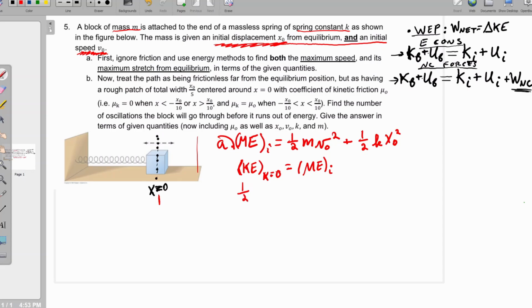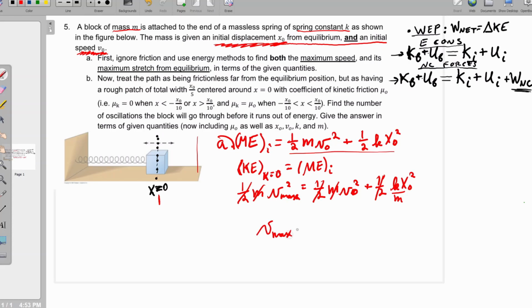What I have is 1/2 m v max squared is equal to this thing that I have written here. So I can just do some algebra. I'll multiply both sides of this by 2, and I will divide by the mass. And I can just take the square root of both sides then to get that v max is equal to the square root of v0 squared plus k over m x0 squared. So that's my maximum speed.